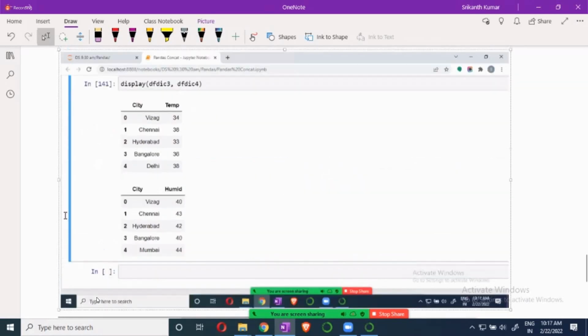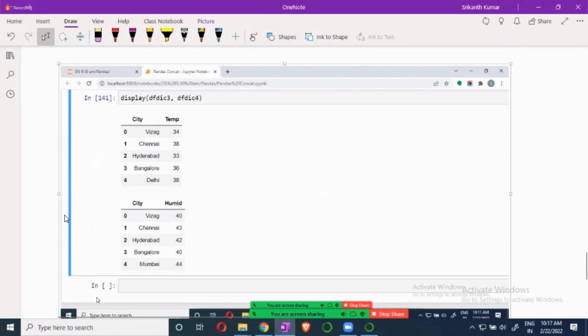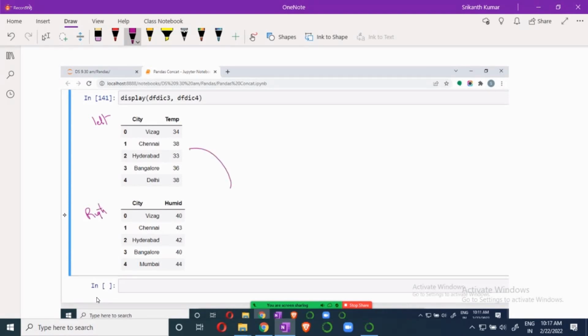Now in this case, the prioritized one will be the right side. This is my left data frame. This is my right data frame. So if I'm going to do it, this will be the right one. Take all the values from the right: Vizag, Chennai, Hyderabad, Bangalore, and Mumbai over here.